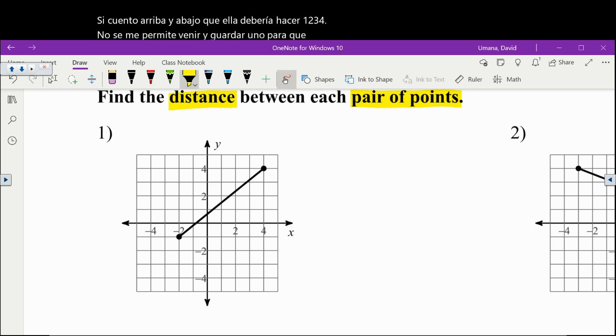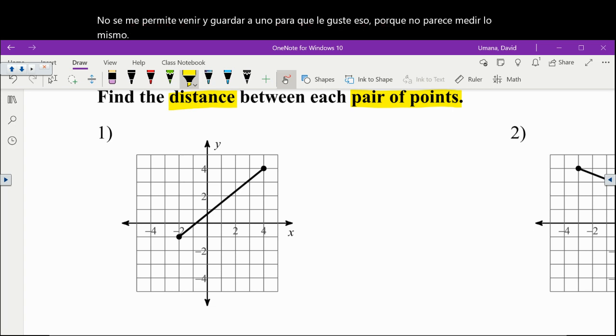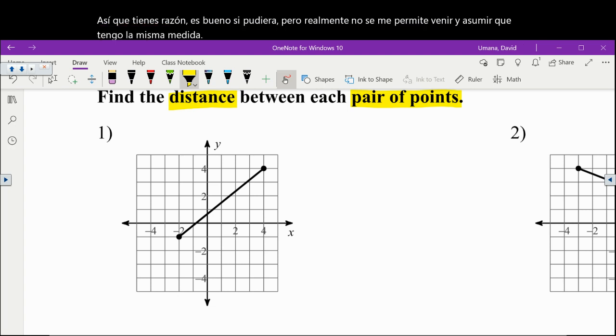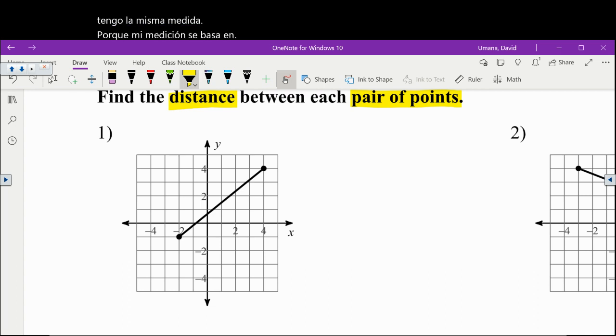It doesn't seem to measure the same way. So you're right, it'd be nice if I could, but I'm not really allowed to count diagonally and assume that I have the same measurement. Because my measurement is based on the size of these squares. Okay?